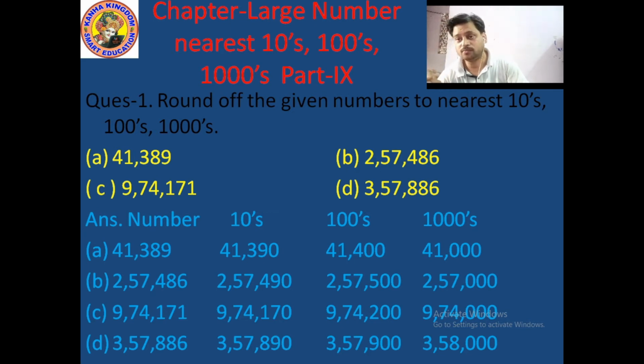Is 4 less than 5, greater than 5, or equal to 5? Yes, 4 is less than 5. So here what you have to do? You convert the 100 place, tens place and ones place into 0, and the rest, whatever the digits in 1000 place, 10,000 place and lakhs place, nothing you have to change. You just write the same number.